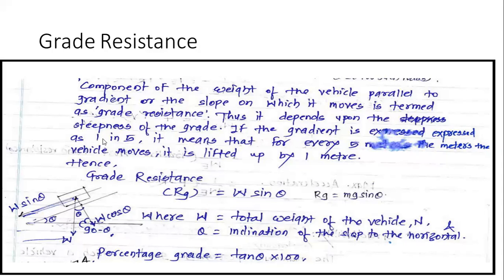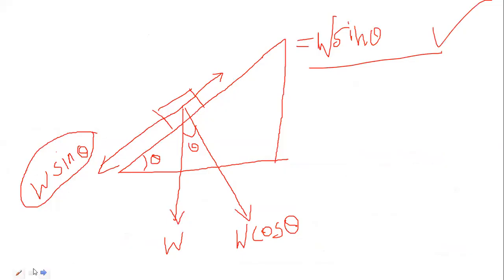So first of all, we are going to check what is with respect to this sentence. Then I will explain about this tan theta into 100. The grade resistance. So your examination may be physical, so that's why I'm putting more effort into explaining small things also.